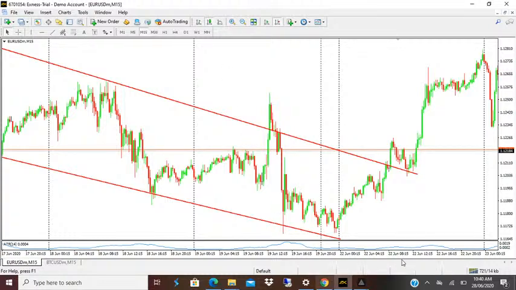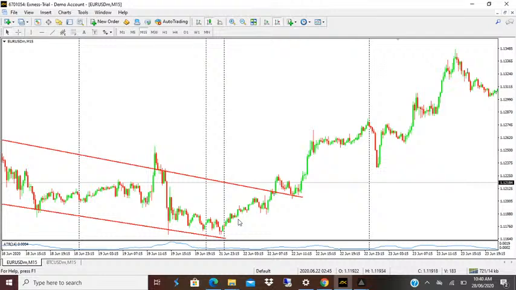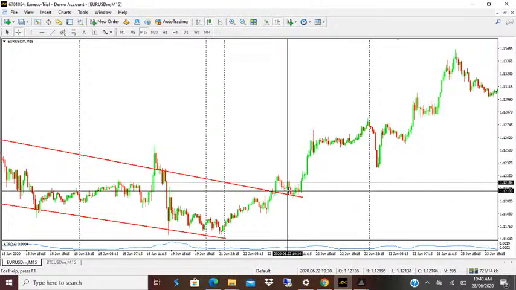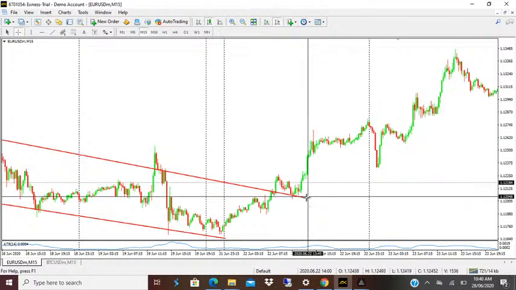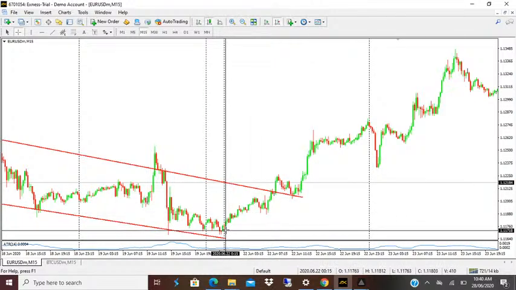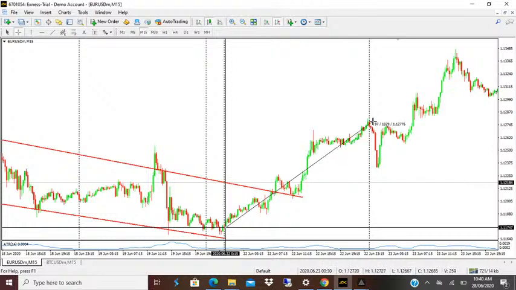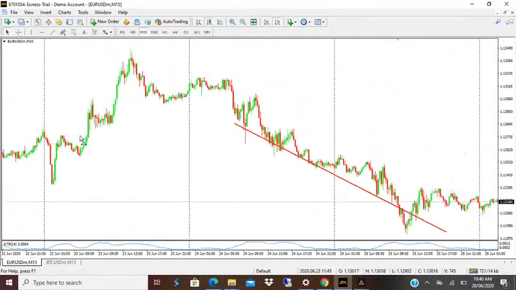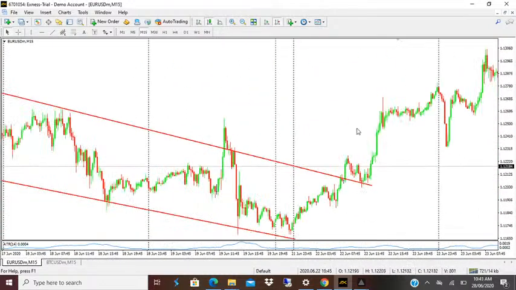So this day, for example, from here to here, this would be on the 22nd of June, from here to here, we had 106 pips.